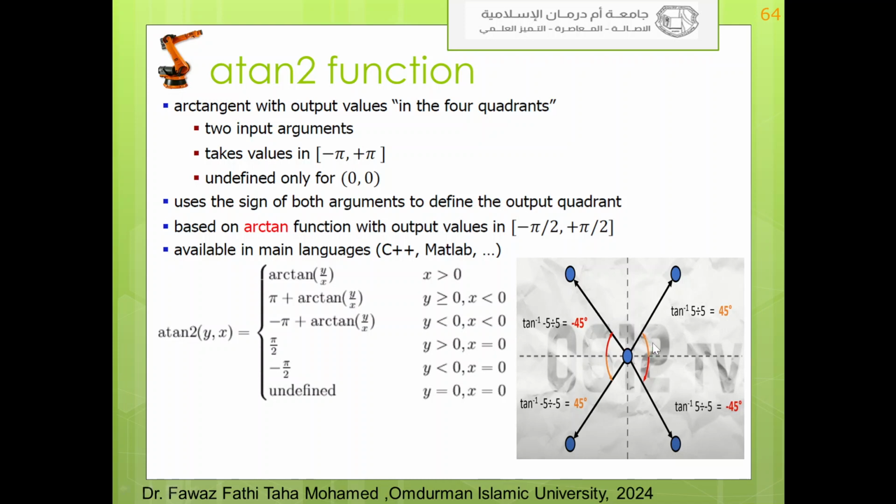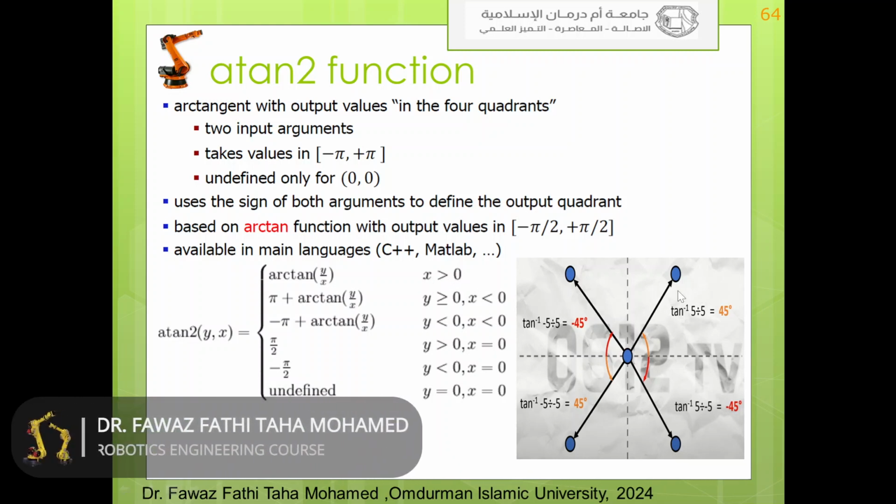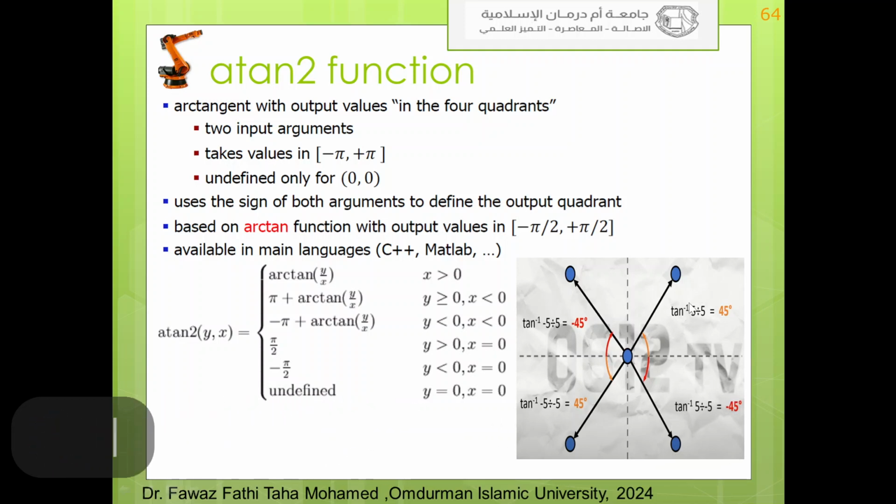You can compare this first case, x greater than 0, for this case and this case. In this case, tan inverse of 5 over 5 is 45, and tan inverse of 5 over minus 5 equals minus 45.